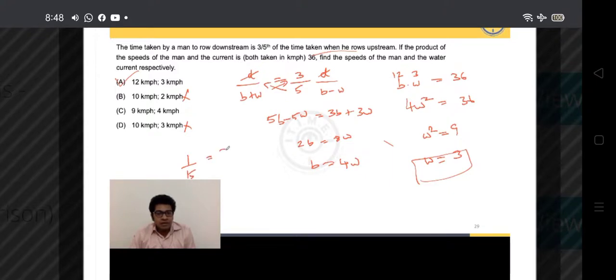Is it 3/5 of 1 by B minus W, which is 9? 3, 3, 3. Yes. Hence it's tallied. Hence choice A will be our answer. You need not even check for choice D. If this is not tallying, just tick choice C and move on to the next question. Hence choice C will also be ruled out. Okay. So this is one of the ways of doing a question with options.